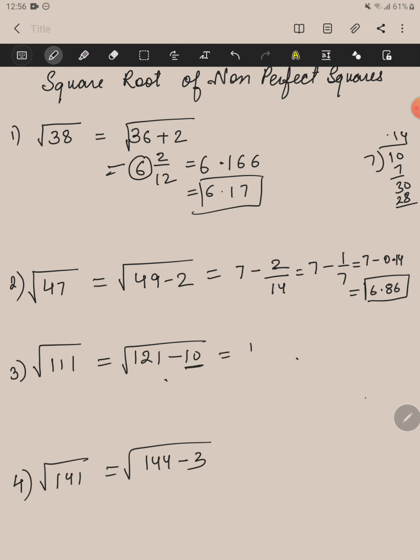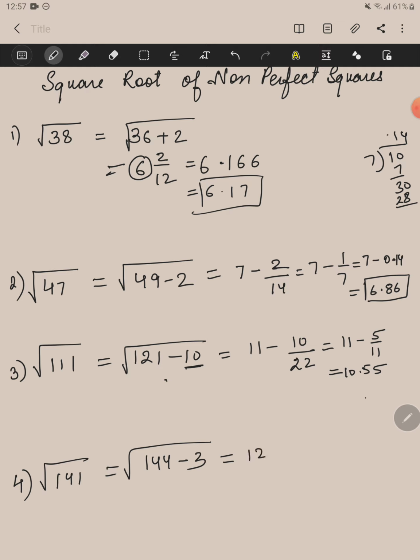This one will be 11 minus 10 upon double of 11, 22. That is 11 minus 5 upon 11. You solve it further and you get your answer 10.55. I am not solving because the video is getting longer.